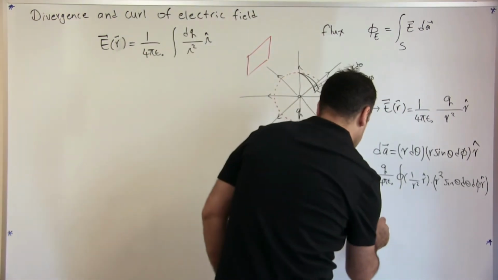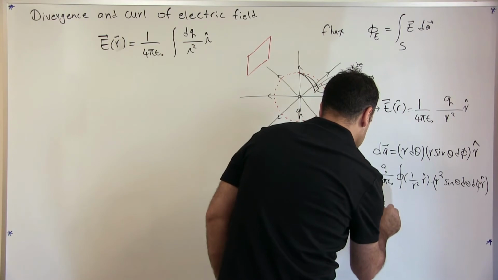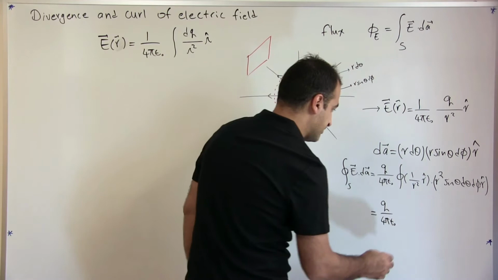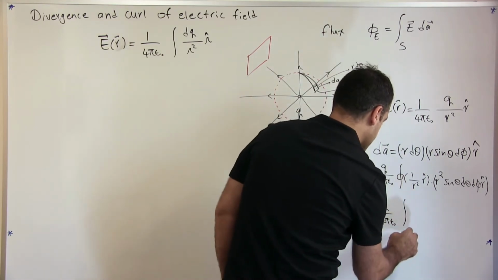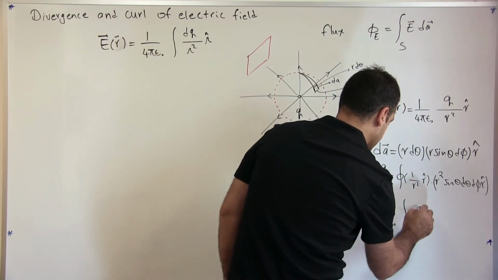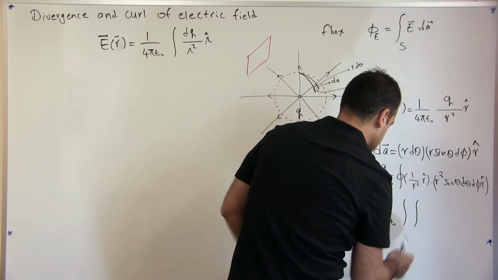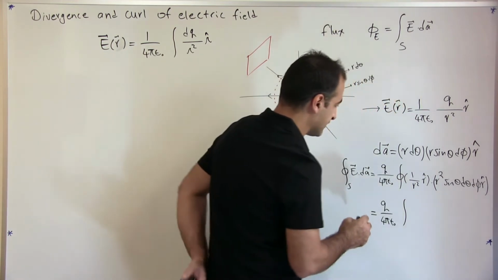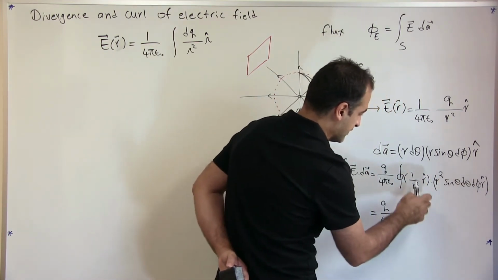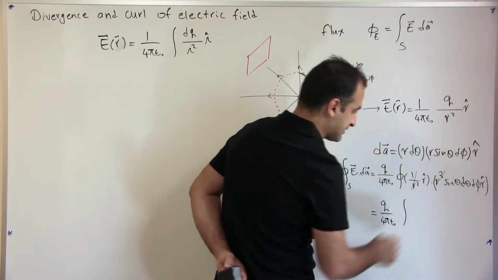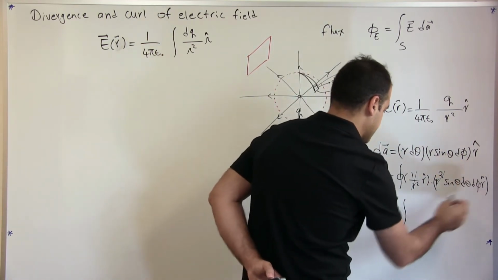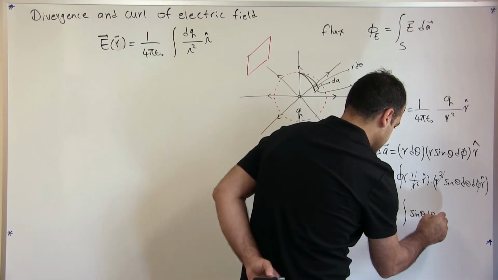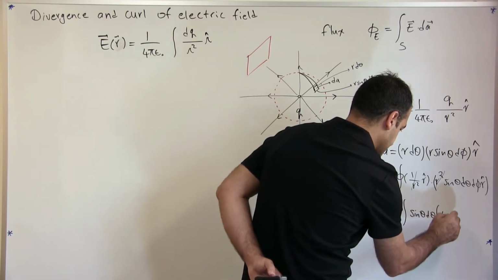So the integral is simply a two-dimensional integral, 1 over 4 pi epsilon 0. One of them is over theta, the other one is over phi. First write the one on theta. So r hat by r hat is 1. Also 1 over r squared cancels out with this r squared. We only have sine theta d theta, and then we have the integral of d phi.